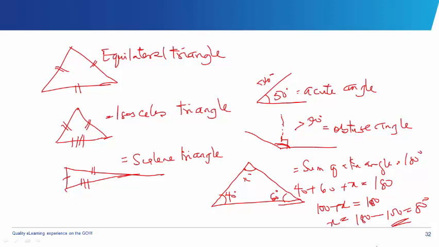Okay, let's take another example to illustrate this point further. You have a triangle this way, but it has been extended like this, and you're told to find this angle K and this angle X. Here is 60 and here is 70 degrees.